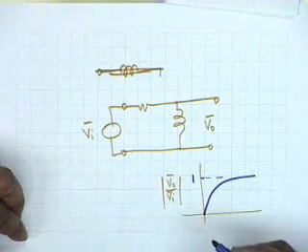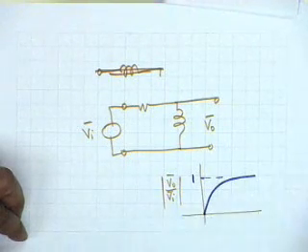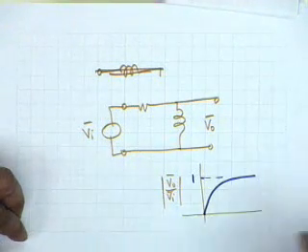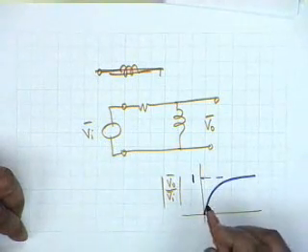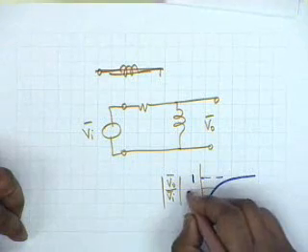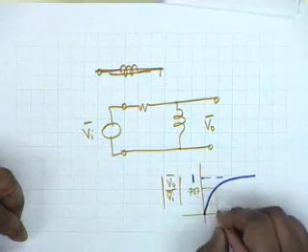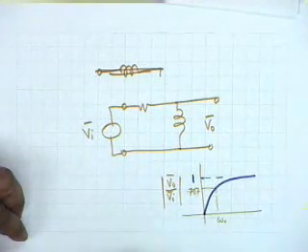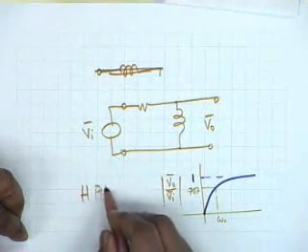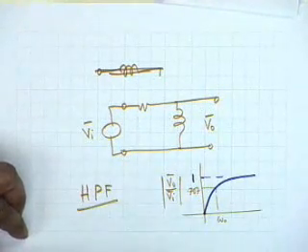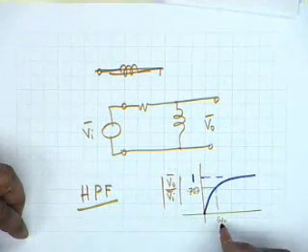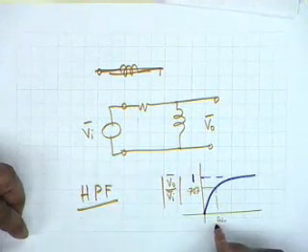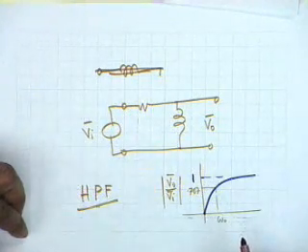And once again, you can define a half power frequency as the frequency at which the ratio of the two voltages becomes 0.707. This would be omega 0. And we say this is a high pass filter with a half power frequency of omega 0 or cutoff frequency of omega 0.